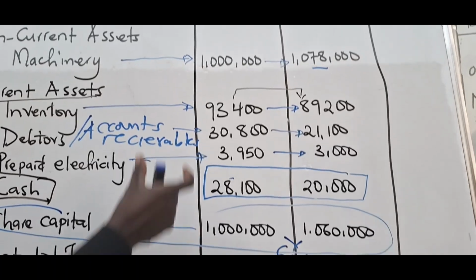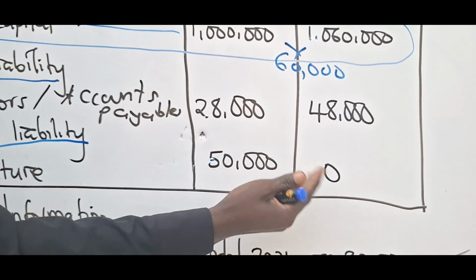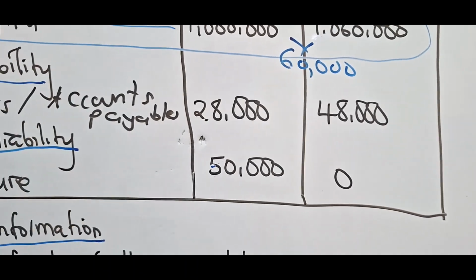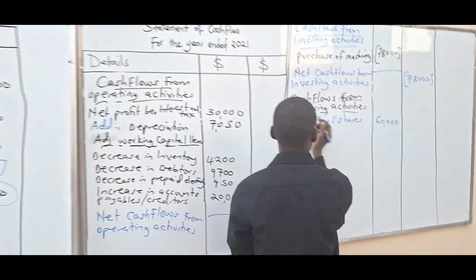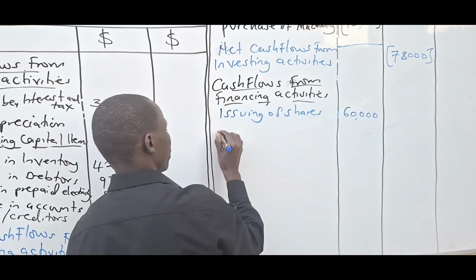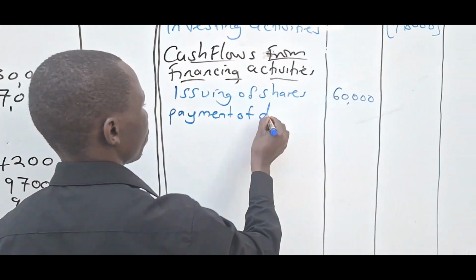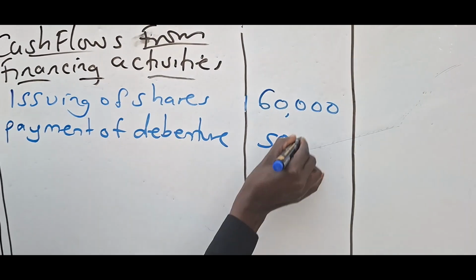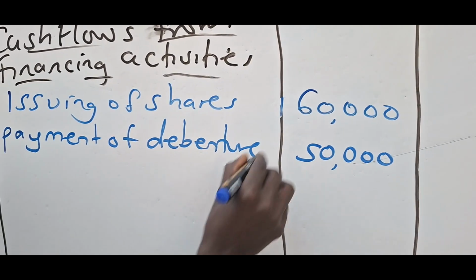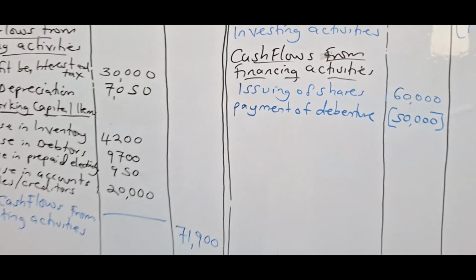Like a loan, in 2020 you had 50,000, then when you close 2021, it is 0. It means you paid. You spent 50,000. We go there and put payment of the debenture, 50,000. We just get the difference. But since you are paying this time, we put brackets to show it is a minus.